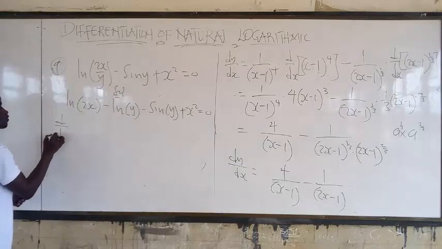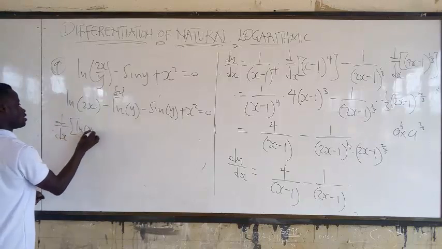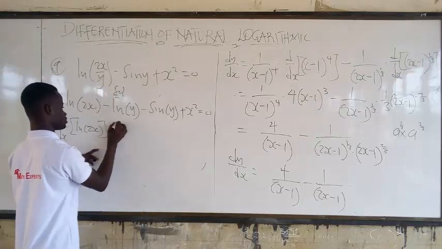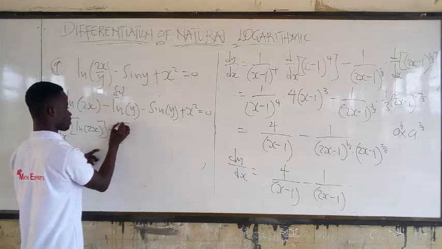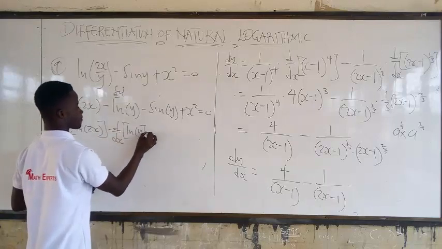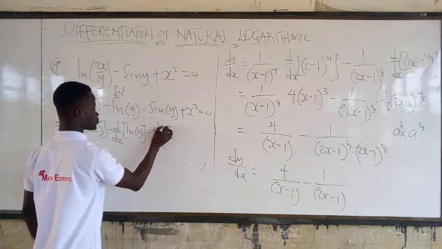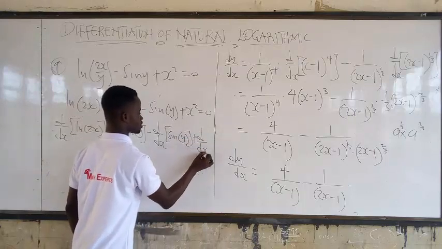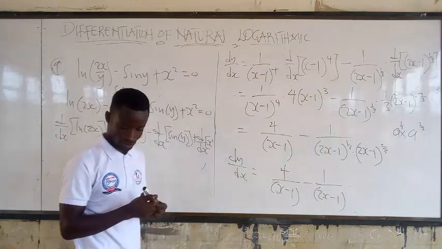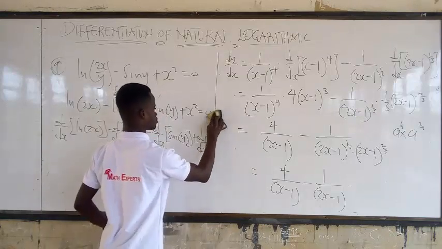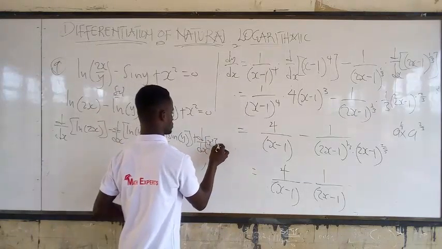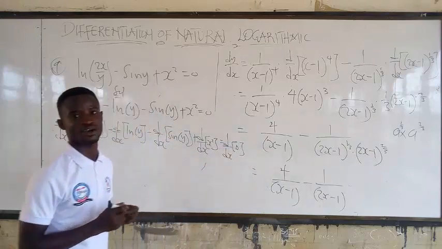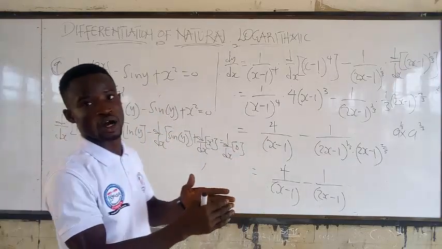So you take the derivative of each: the derivative of ln 2x, minus the derivative of ln y, minus the derivative of sin y, plus the derivative of this x squared, is equal to the derivative of 0.